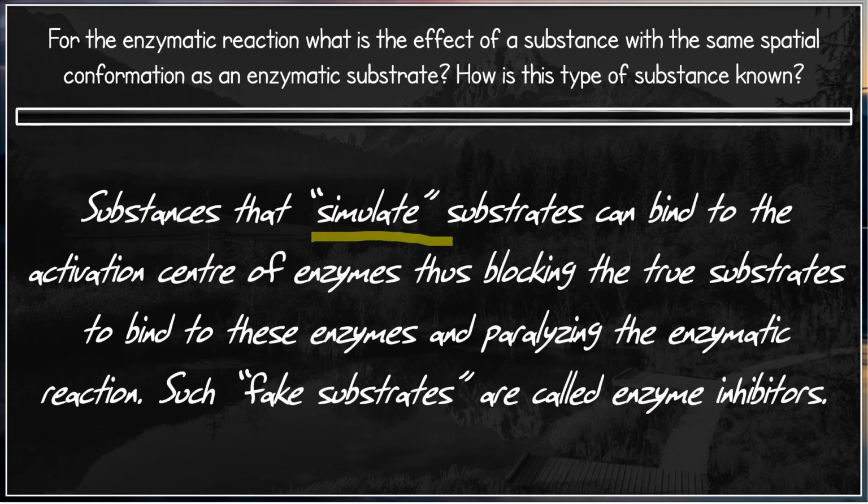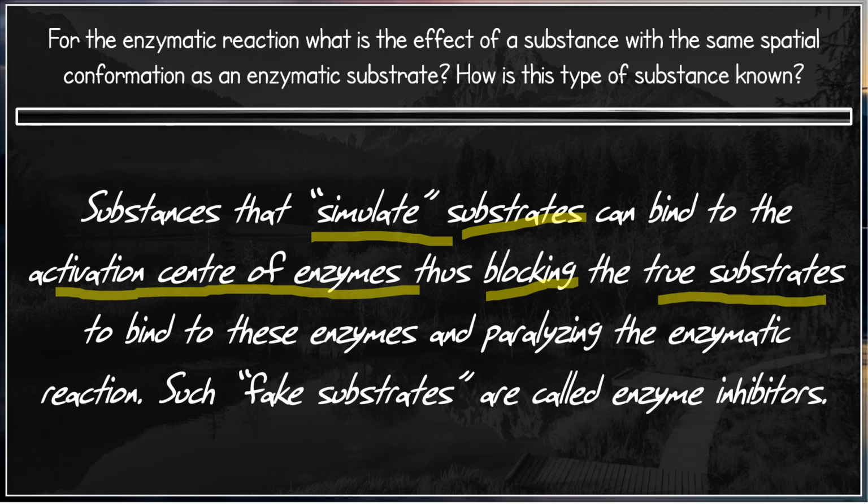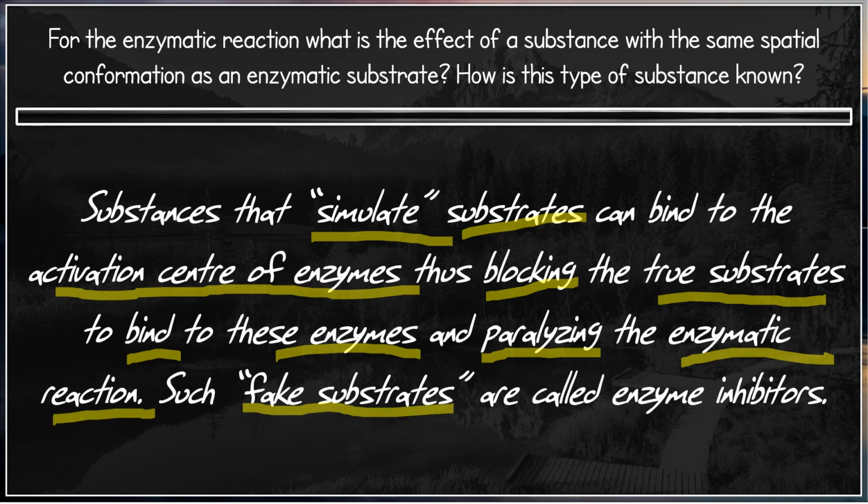Substances that simulate substrates can bind to the activation center of enzymes, thus blocking the true substrate from binding to these enzymes and paralyzing the enzymatic reaction. Such fake substances are called enzyme inhibitors.